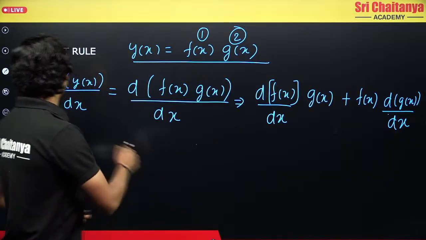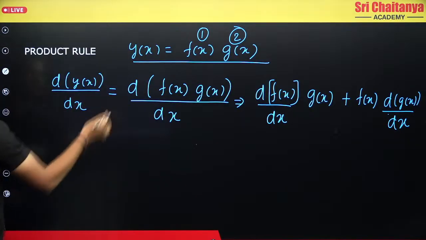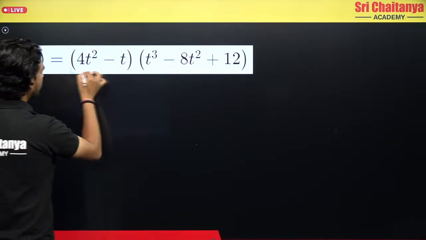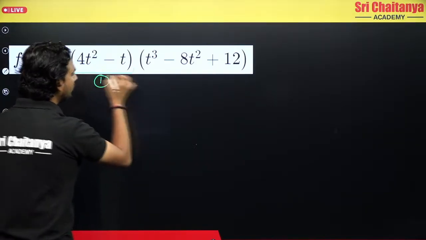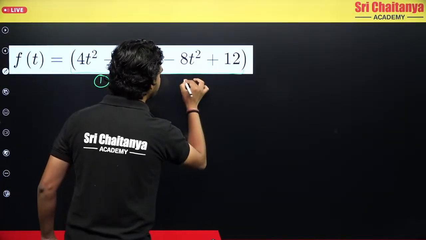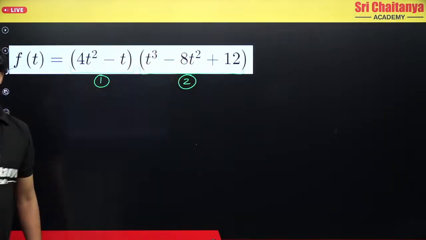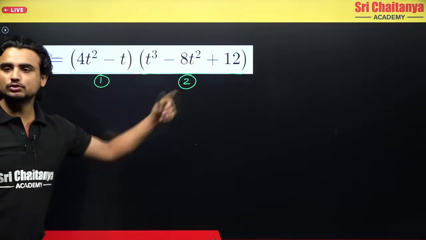This is not that difficult. Let's try to solve it using a question. What do I have here? I have my first function and my second function, and I want to differentiate these two functions.